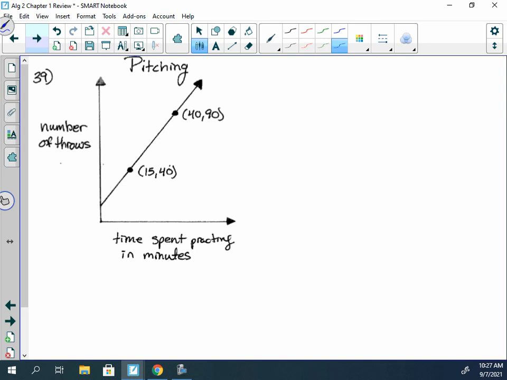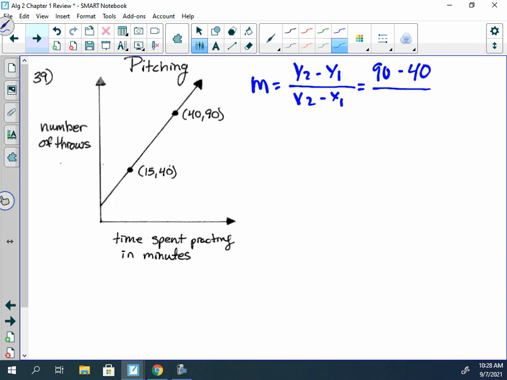So we want to find the equation of the line, yes? Well, slope is our y2 minus y1 over x2 minus x1. So what are the two y values they gave us? 90 and 40. Because y always comes second.